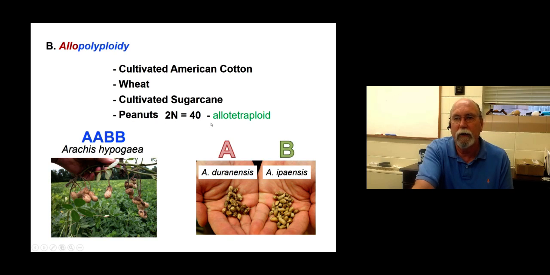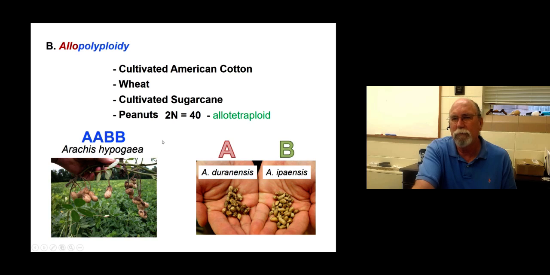Commercial peanuts are an allotetraploid. They are AABB, meaning they came from 2 naturally occurring varietals, such as Arachis duranensis and others, formed together to produce this AABB allotetraploid: 2 copies of one, 2 copies of the other, to give us what we think of as Spanish peanuts or commercial peanuts that are grown pretty much throughout the world.